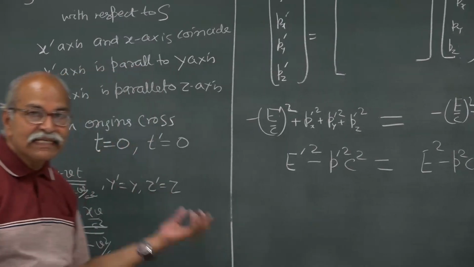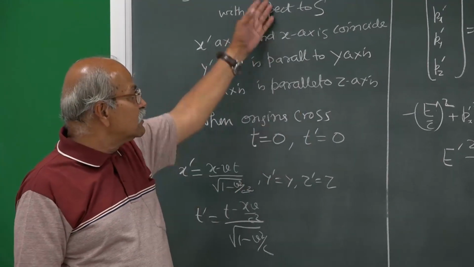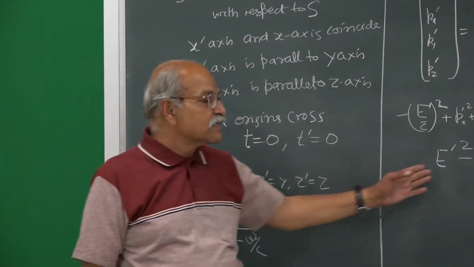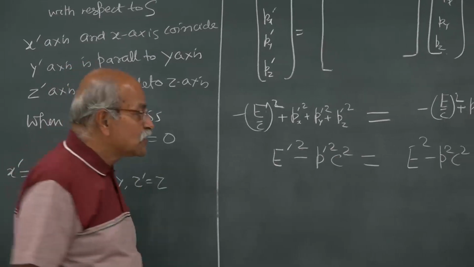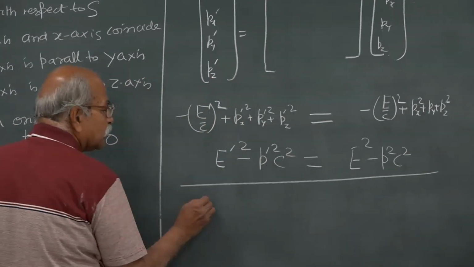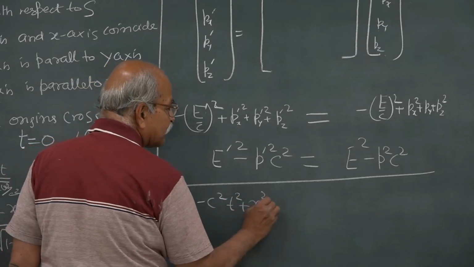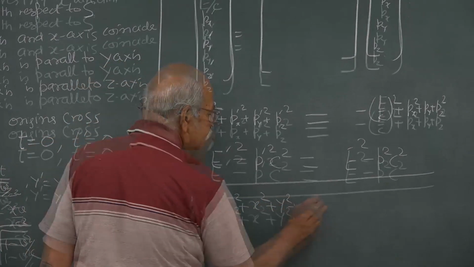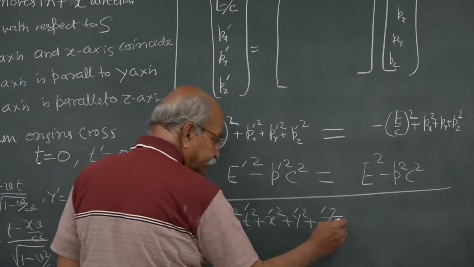But even if this prescription were not valid, this is true. It is a property of a 4 vector. Therefore, I can say the same thing for minus c square t square plus x square plus y square plus z square.